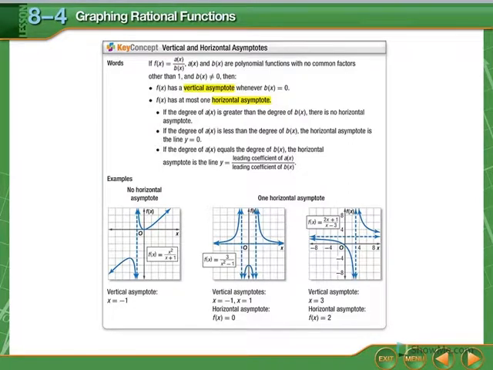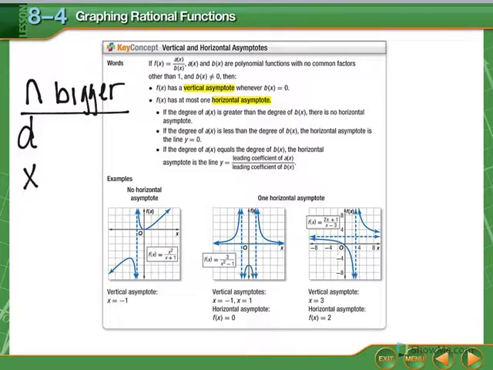Okay, so if your numerator is bigger than your denominator, that means you're going to have no horizontal asymptote. So for instance, we have x cubed plus whatever divided by x squared plus whatever.